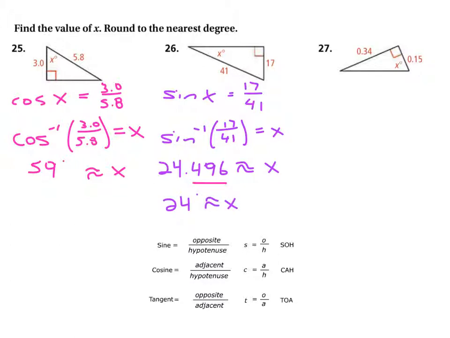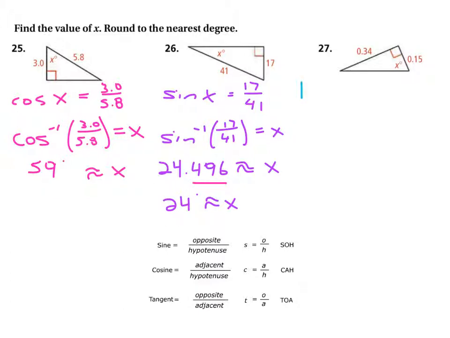Okay? And finally, this last one, doesn't matter that these are small little decimal numbers, the result is the same because these are all similar triangles. So what do we get? Well, for x, we've got both legs. We've got the adjacent and the opposite sides. When you're given the measures of both legs and not the hypotenuse, it's going to be tangent.